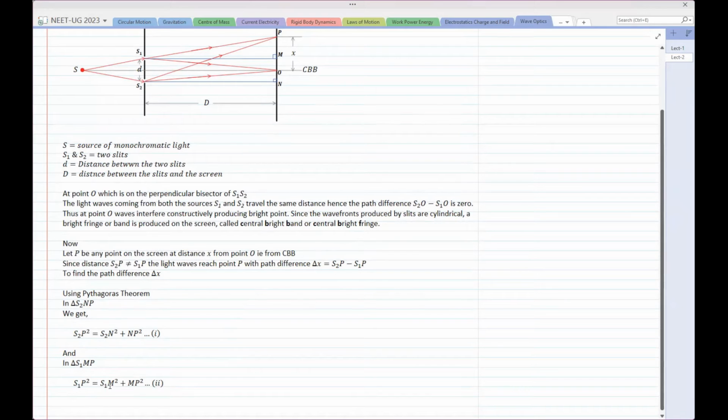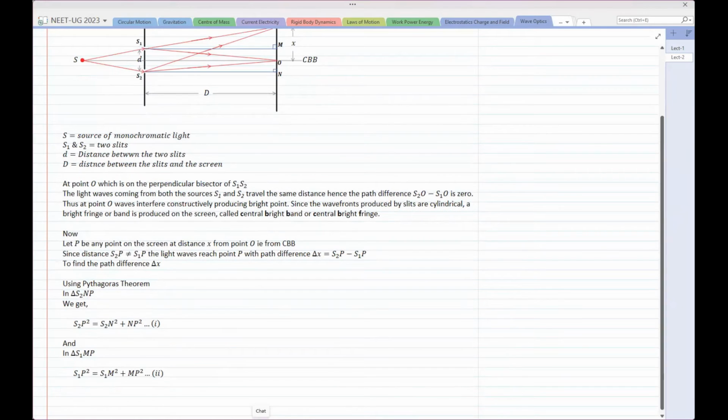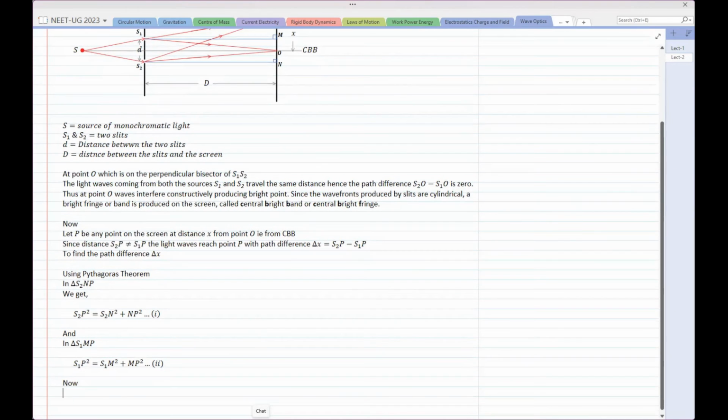From these we have to find S2P minus S1P. So what will we do? Subtracting equation 2 from equation 1, what do we get?